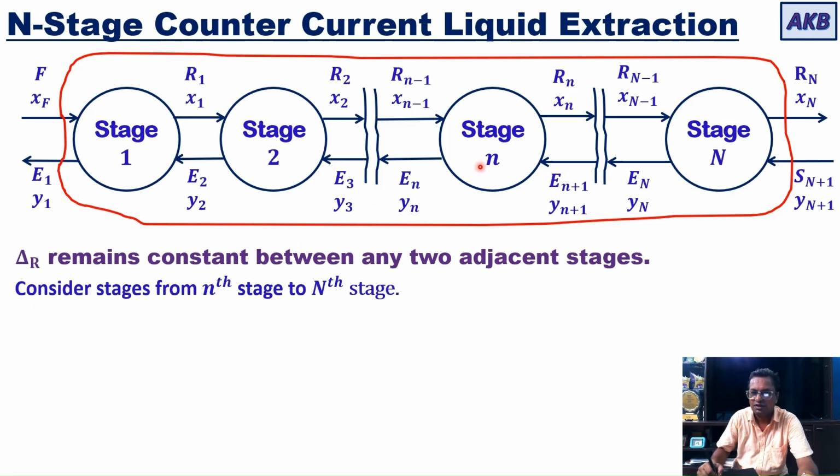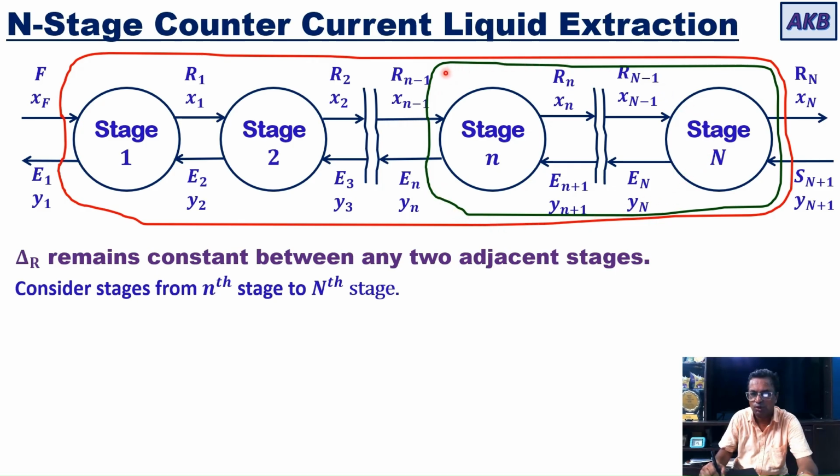Which stages? From the nth stage to the last stage, capital N stage. So I am considering stages from the nth stage, any stage which is small n stage, to the last stage, which is capital Nth stage. Now I will draw an envelope around the portion of the cascade that I have considered.